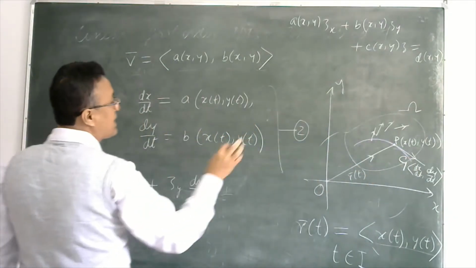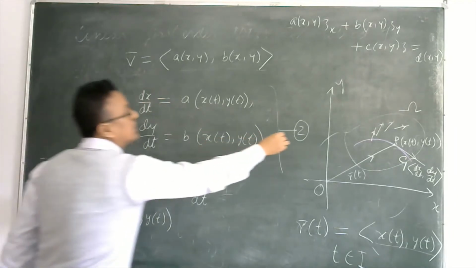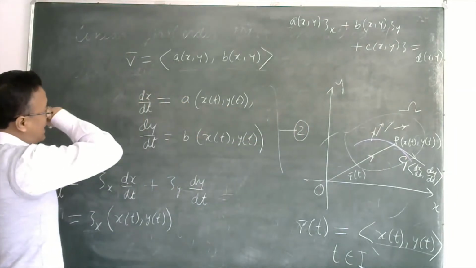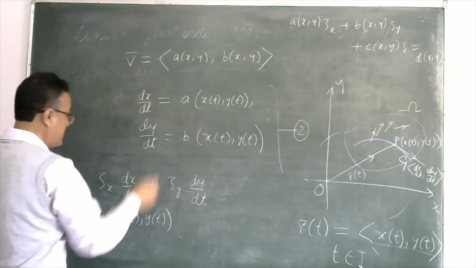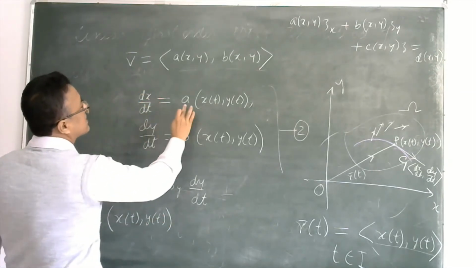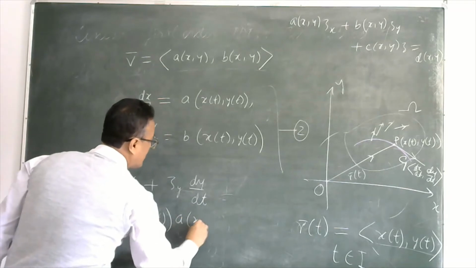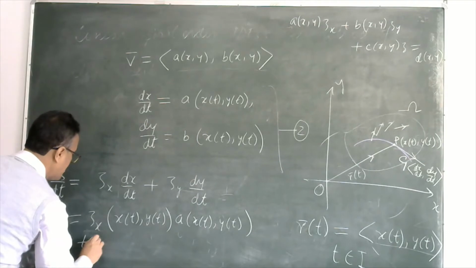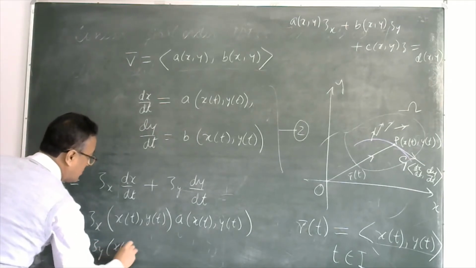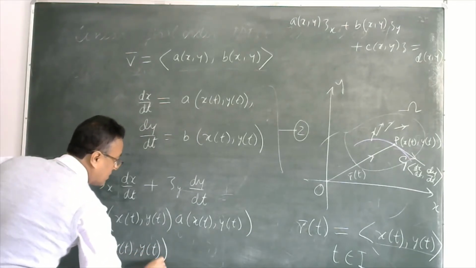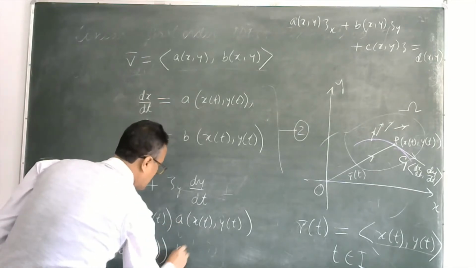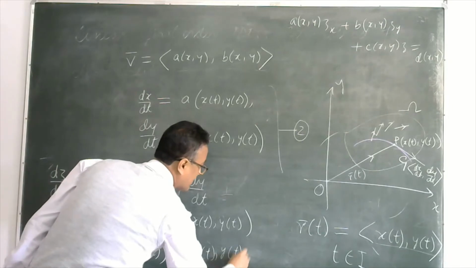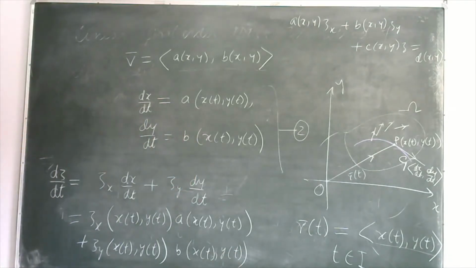So I already have this equation 2 representing the relation for dx/dt, and here you can see that dx/dt is simply a(x(t), y(t)). Similarly, this is zy times b(x(t), y(t)).